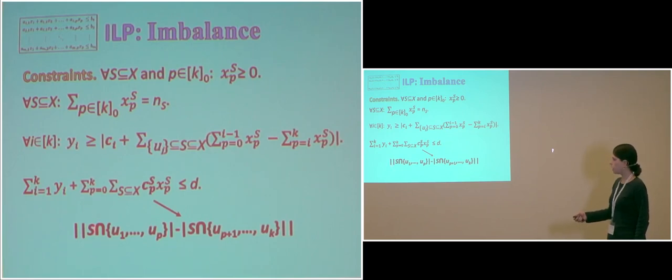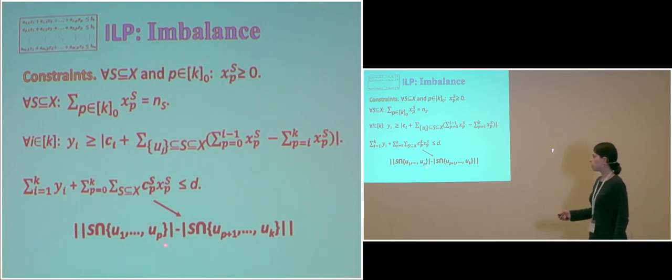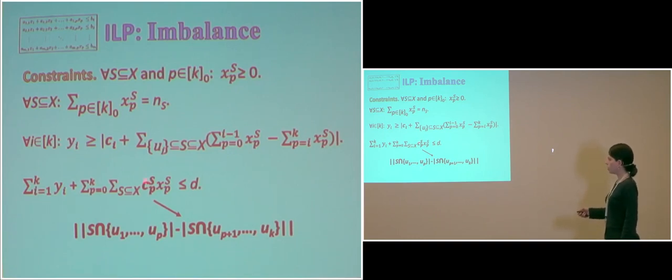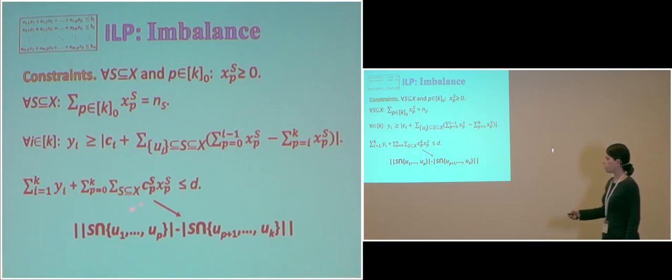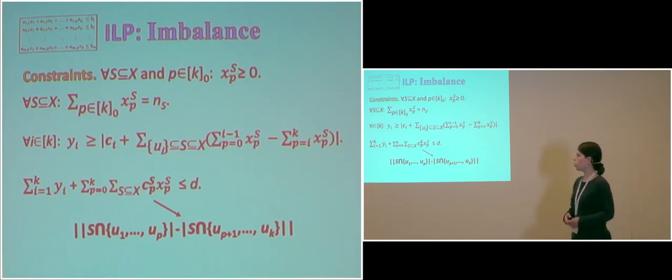This is exactly S. And all of those that appear before position P. Okay, the bucket P is between P and P plus 1. So those are all of the vertices of the vertex cover that are before the vertex here in position P of type S, and those are all of the vertices of the vertex cover that are after it and are neighbors of it. So we also managed to encode this.